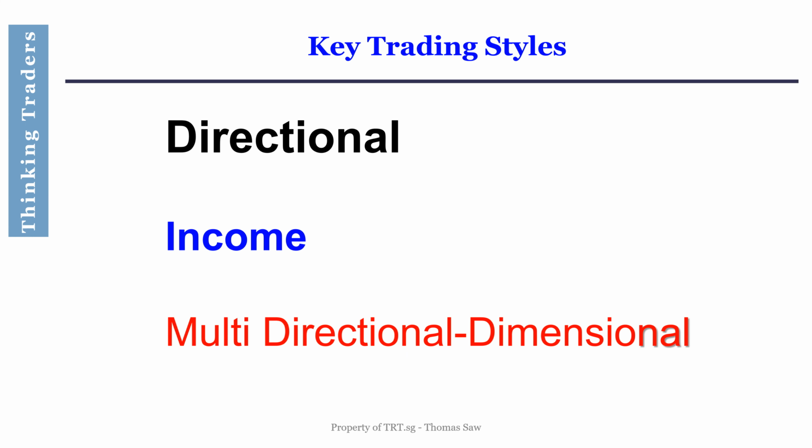So that's why it's called multi-directional or multi-dimensional trading. This one is 100% option related. For those who are my students, you know what I'm talking about. You can be bullish for August, or bearish for August and bullish for September or November.